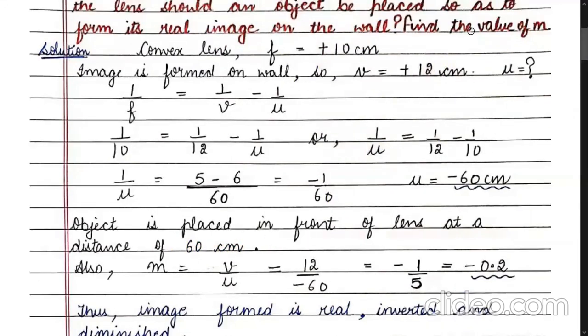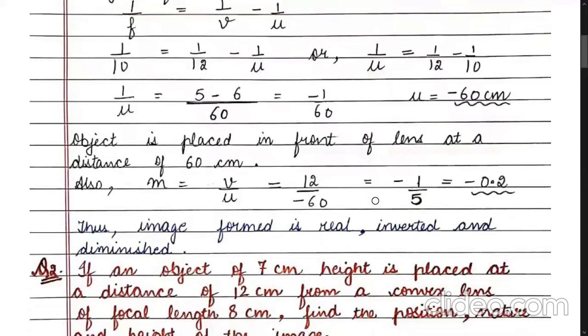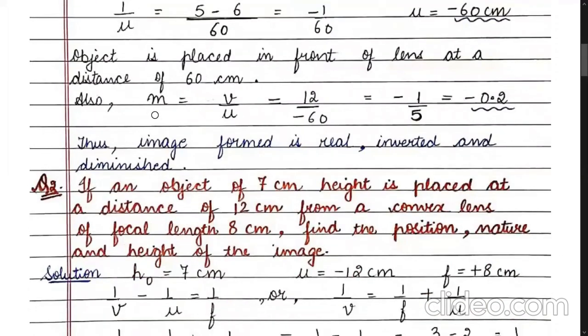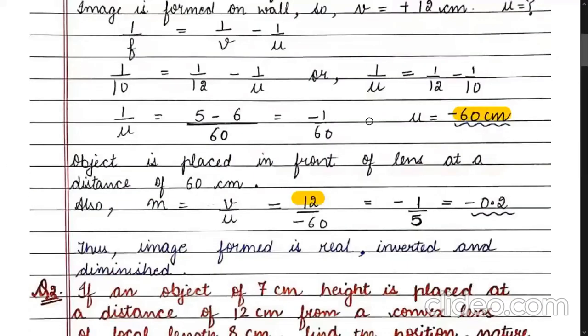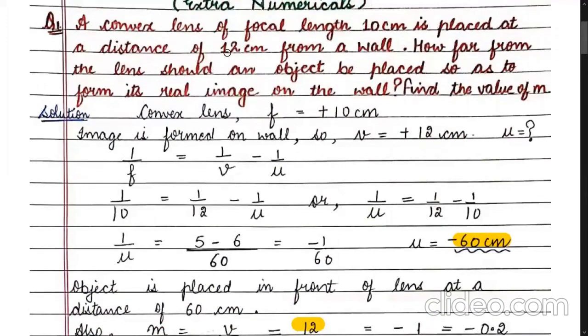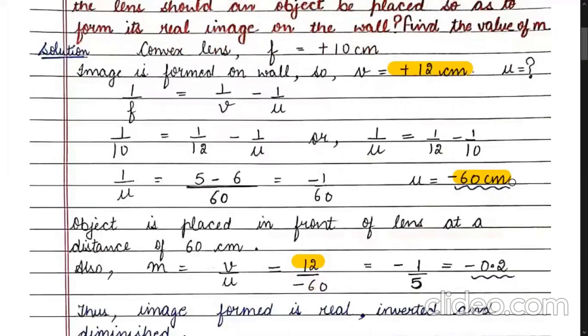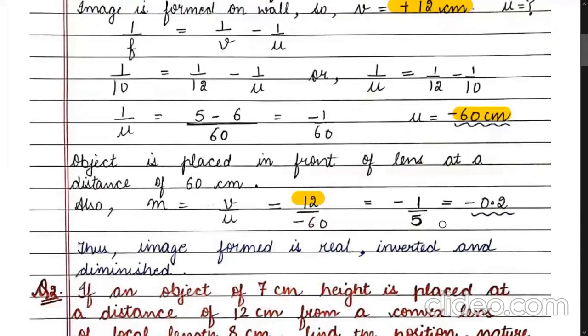Now the question is to find the value of m, where m stands for linear magnification. So students, the formula of magnification is the ratio of v and u. The value of v was plus 12 centimeter while u is minus 60 centimeter.